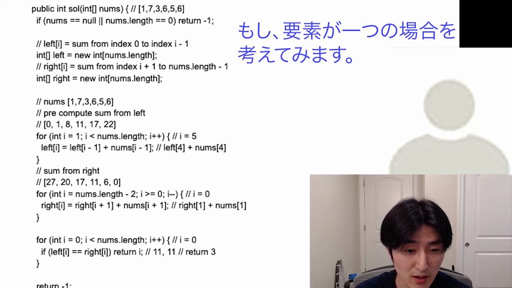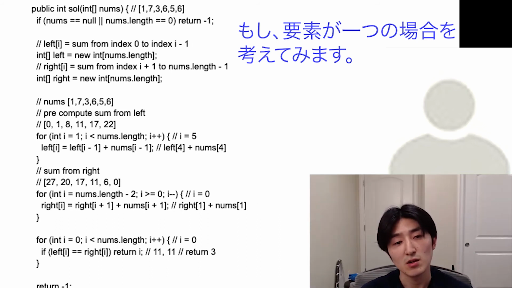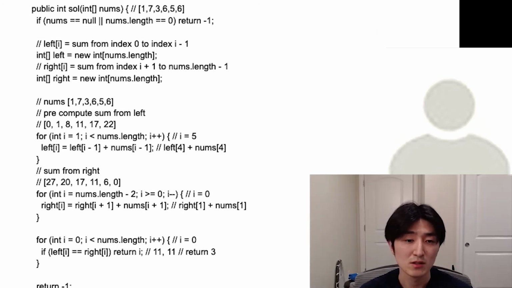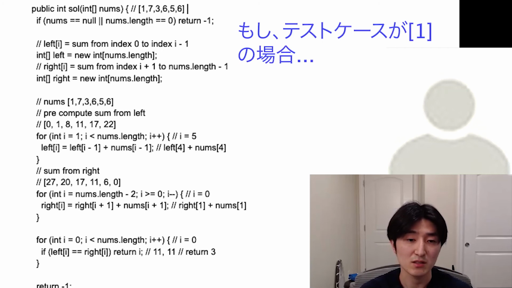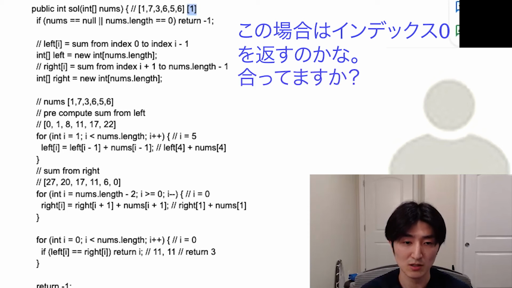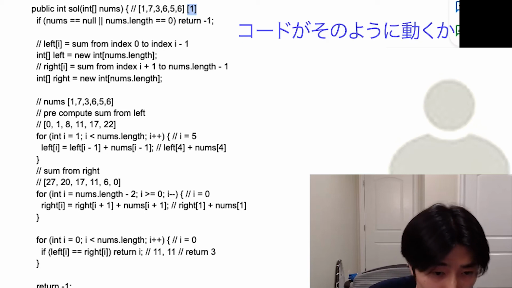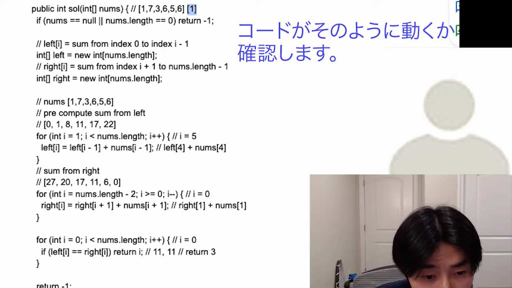Okay, let me think about what if it only contains one element. If the test case is like 1, I suppose in this case, it returns index 0. Is that correct? Yes. Okay. Let me see if my code works on that.